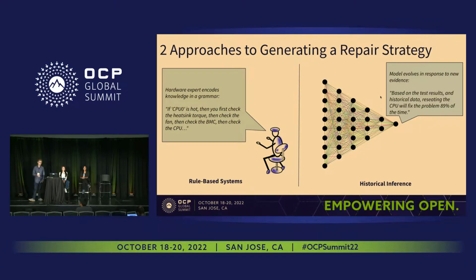So in general, when we generate a repair strategy, there are 2 approaches that we've used. One is time-tested and true. I've been doing it for 25 years, right? These are rule-based systems, sometimes called expert systems, or when I got started, we called them debug trees. This is where a hardware expert encodes their knowledge in a particular grammar. If CPU 0 is hot, then you first check the heatsink torque, then maybe you check the fan, then maybe you check the BMC, and then finally you check the CPU, right?